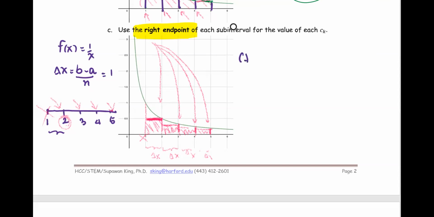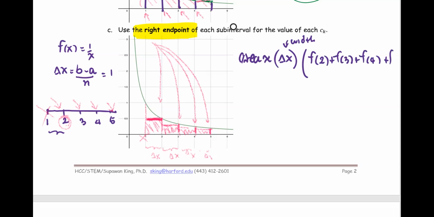And the area, when we set it up, is approximately equal to the delta x as the common width of each bar multiplied by the function at the first right, the next right, and then up until the last right endpoint. The delta x is 1. Function at 2 is 1 over 2.